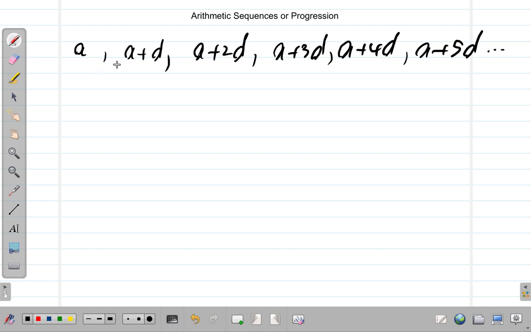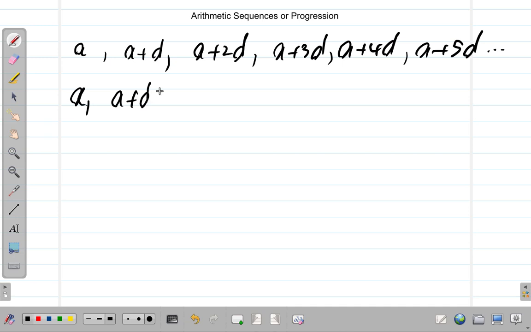Now, to generate this arithmetic sequence, what you do, you start with a number. Then to get the next number, you add a constant term. So you add d, you get the second number. So you have a. The next number is a plus d.